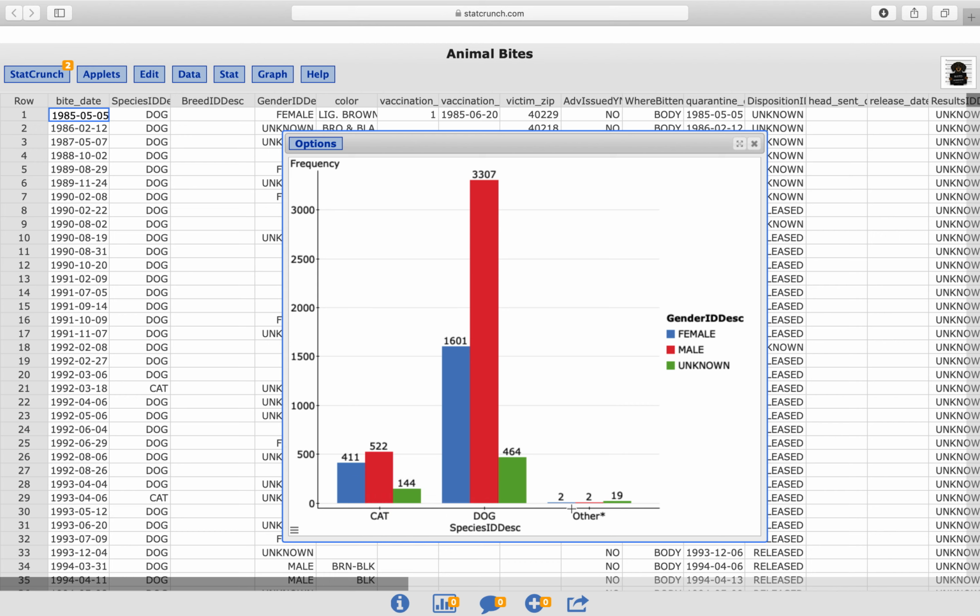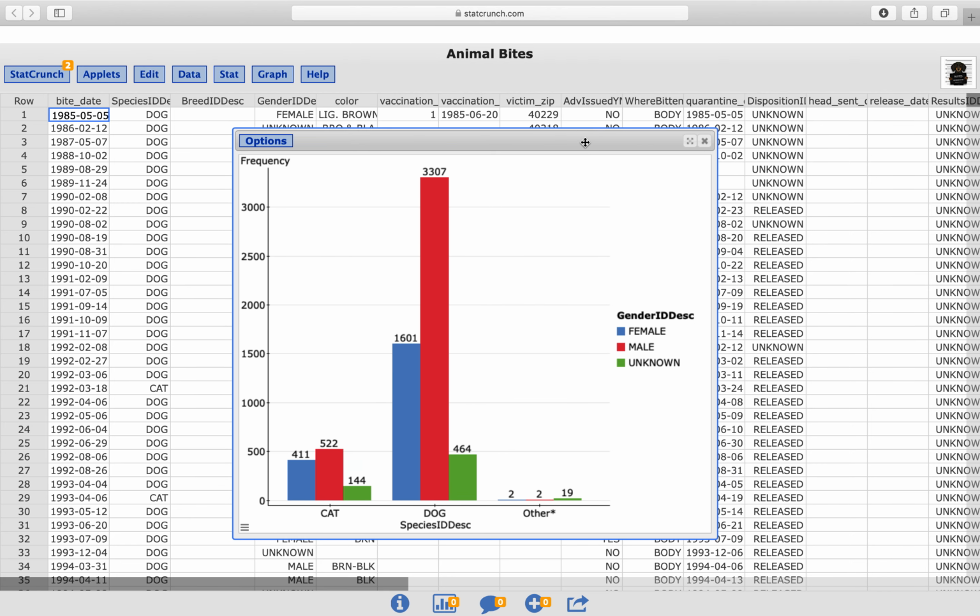For others, they're usually unknown, so for those we don't have enough data to tell the difference between males and females. So that's how we make our 2 different types of categorical graphs in StatCrunch. Just remember that when we're making pie charts, we want to show the percentage out of the whole, and when we're making bar charts, we want to use comparison.